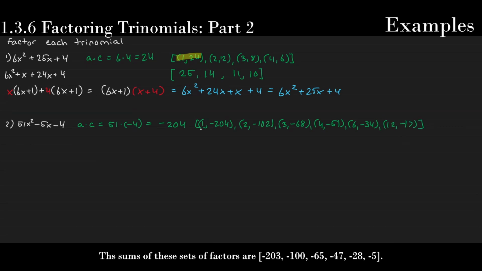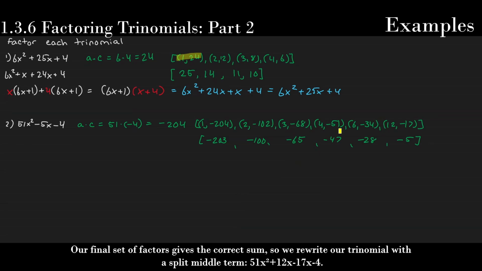The sums of these sets of factors are negative 203, negative 100, negative 65, negative 47, negative 28, and negative 5.